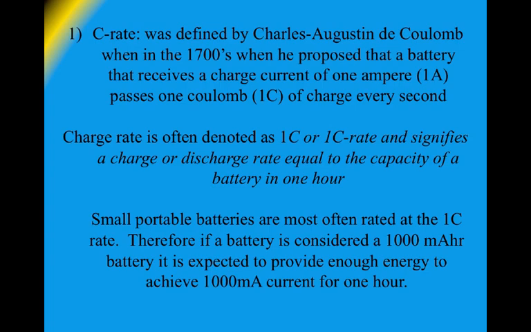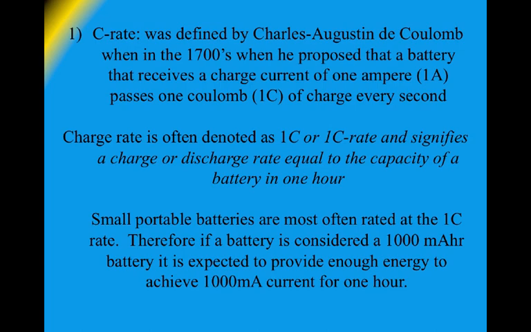So charge rate can be denoted as 1C, or a 1C rate, and it signifies a charge or discharge rate equal to the capacity of a battery in 1 hour.